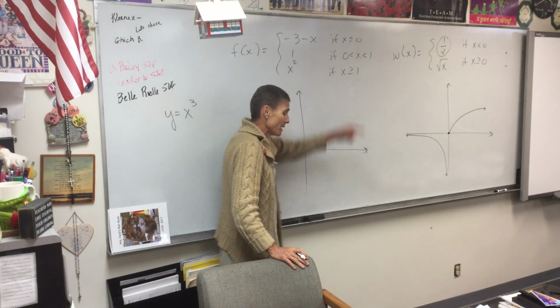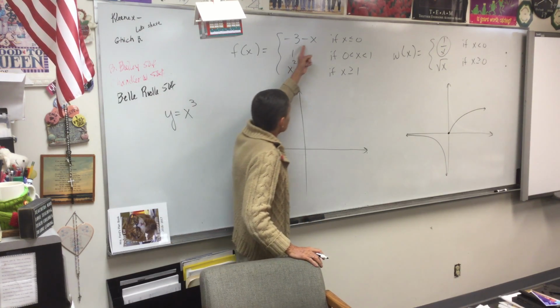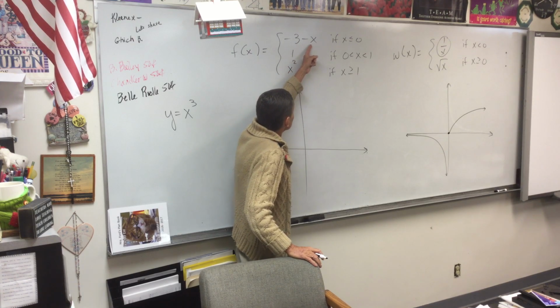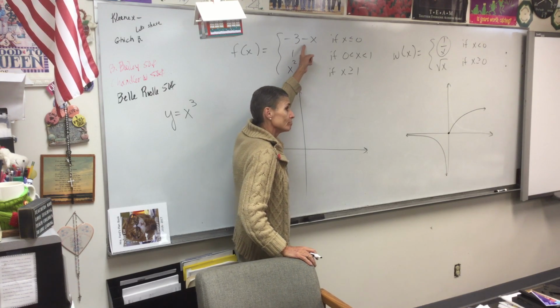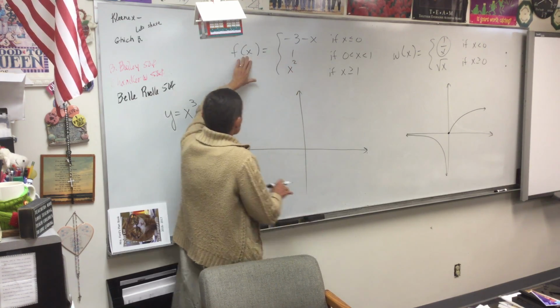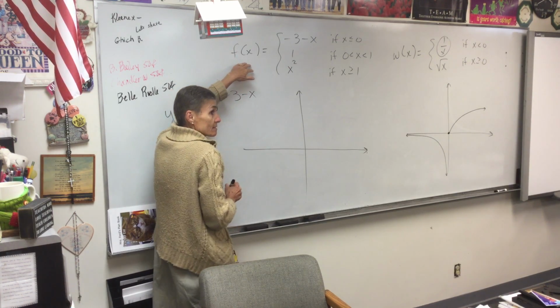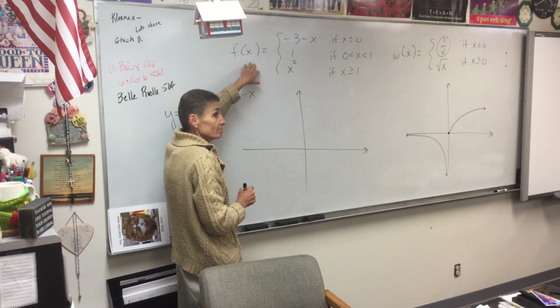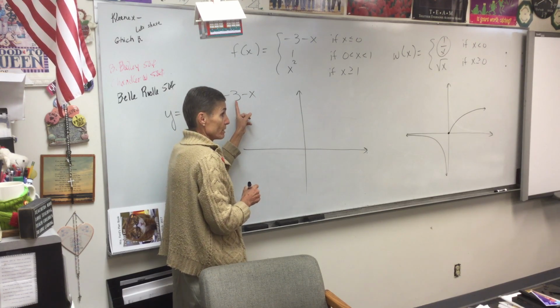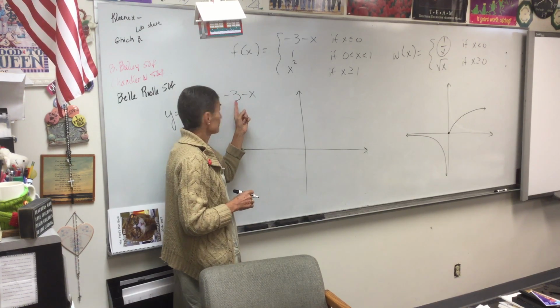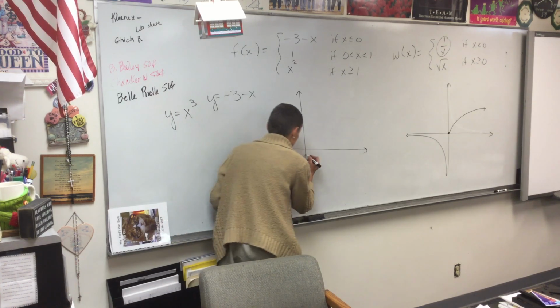What shape is that? What shape is that right there? This is y, so you've got y equals negative 3 minus x. That's a line. And what's this negative 3? Anybody? That's the y-intercept.